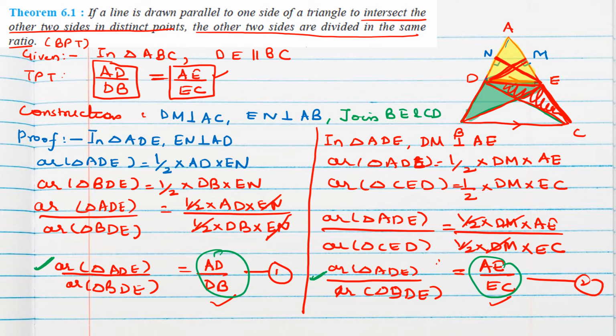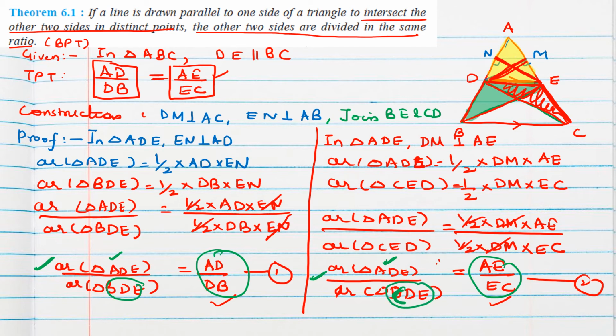So how to prove this? Observe, in the left hand side of equation 1, the numerator is the same as the numerator of expression 2. So the numerator is the same. But what about the denominator? Denominator BDE is there and CDE is there.